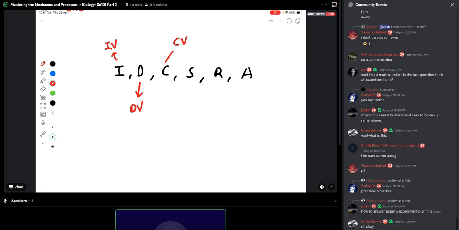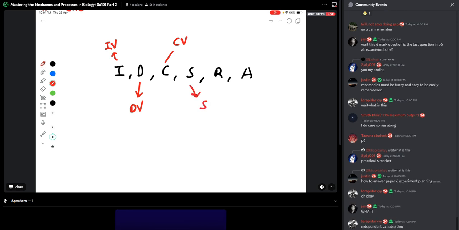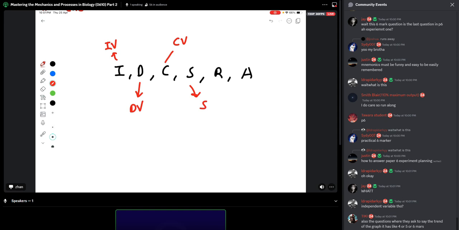The moment you give two constant variables, if they're correct, you get 2 marks straight away. Then you state one safety. Then we have repeat.